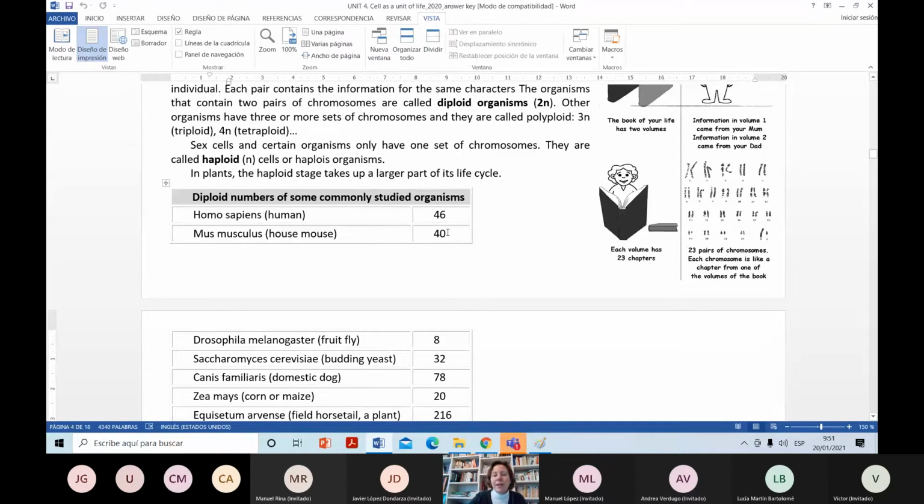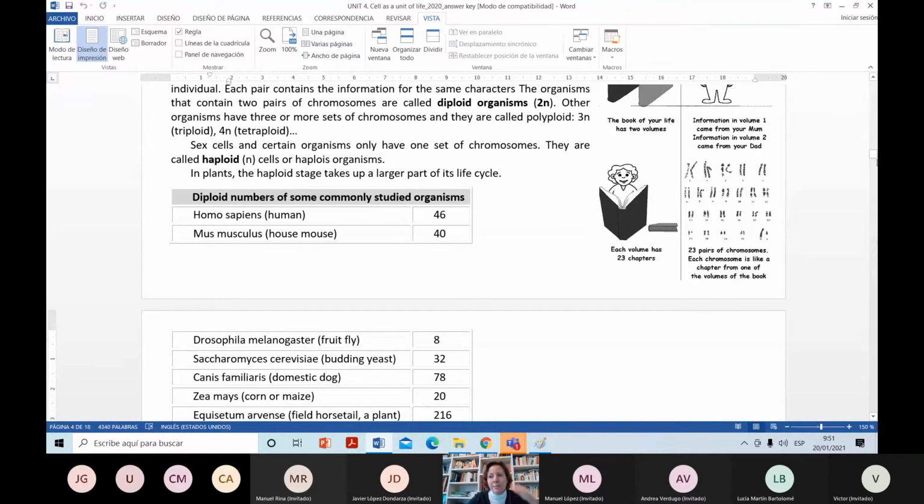So be careful with that, because you tend to think that the diploid number is always even and the haploid number is always odd, but it's not, okay? It could be both of them even, like in this case. In the case of humans it's 46 and 23, but in the case of mice it's 40 and 20.